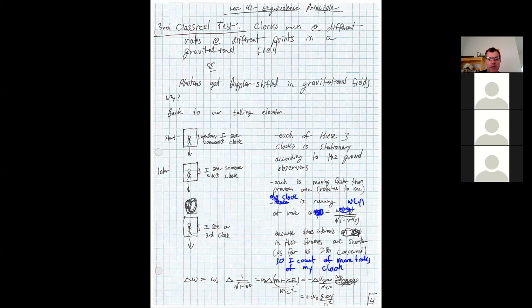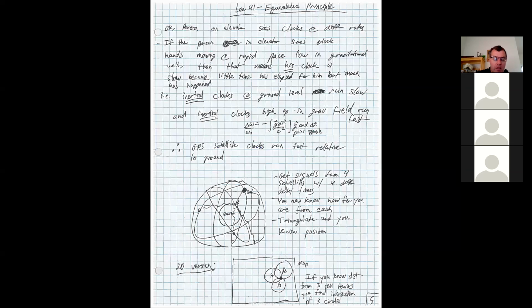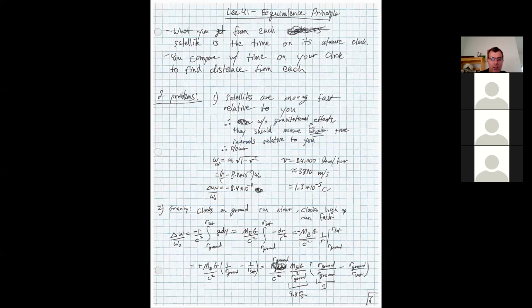Now remember, I said that the clock rates are different by an amount omega naught g delta y over c squared. Well, if I add up g delta y over many delta y's and take into account the fact that g is changing, the gravitational field strength very far from the Earth is different from the gravitational field strength at the surface of the Earth, then I've actually got to do an integral of g dot dr, and there's a minus sign because g and dr point in opposite directions.